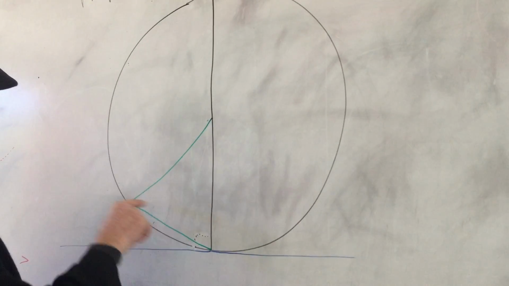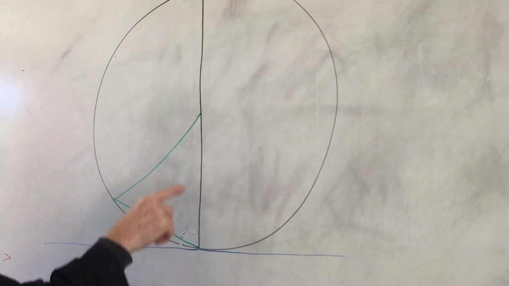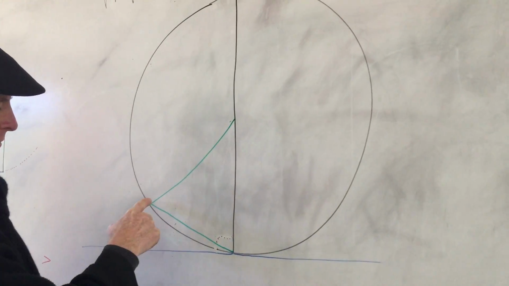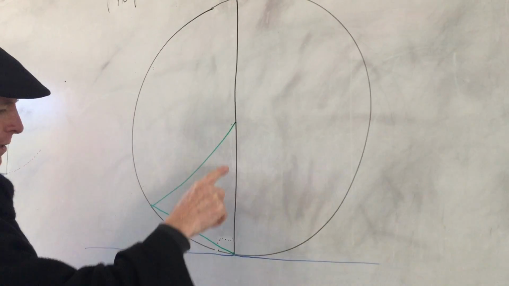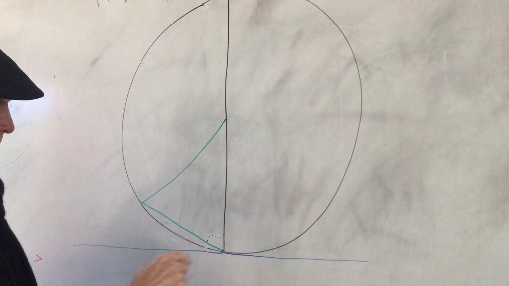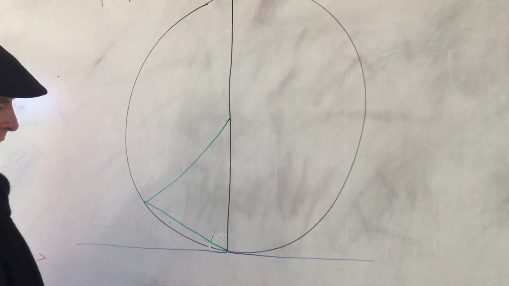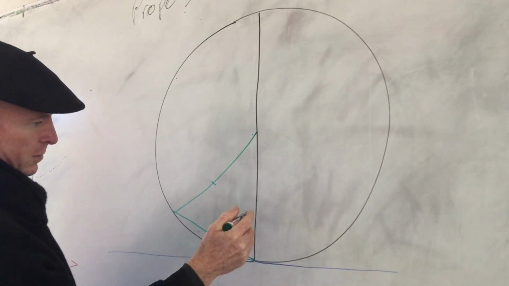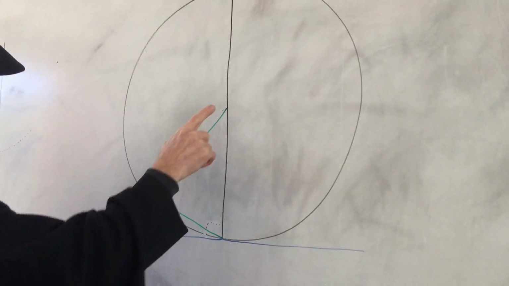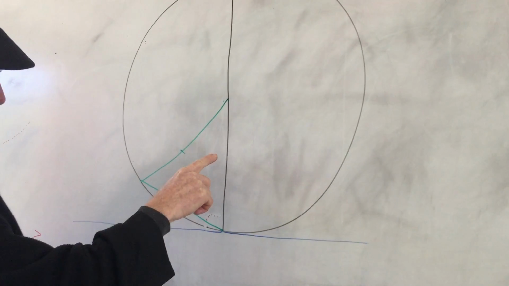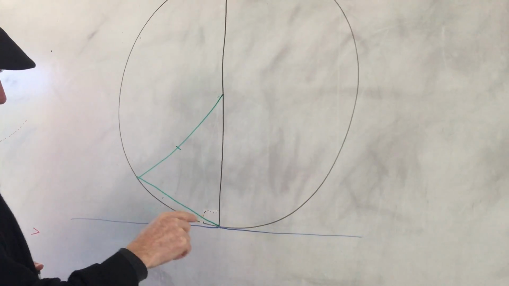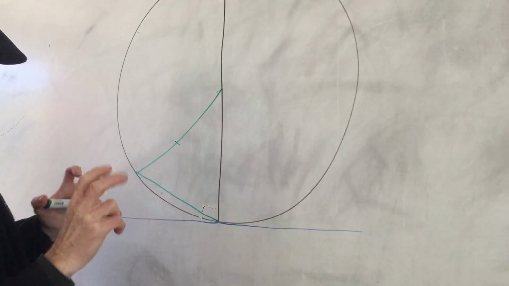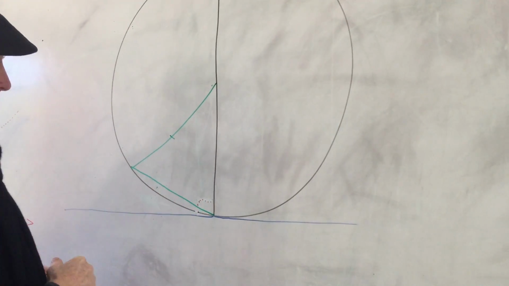And we showed that in any triangle, the greater side subtends the greater angle. So this will be greater than this, but it's equal, because these are radii of the same circle. Okay, so this would be greater than this because this subtends this right angle and this subtends the supposed less than a right angle.